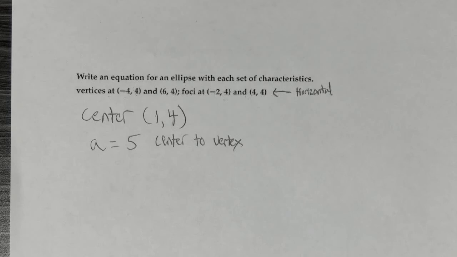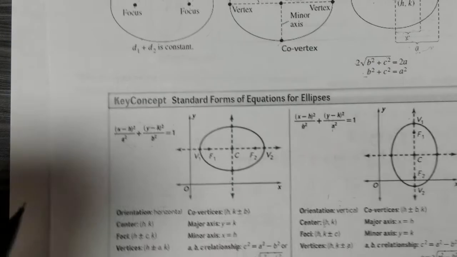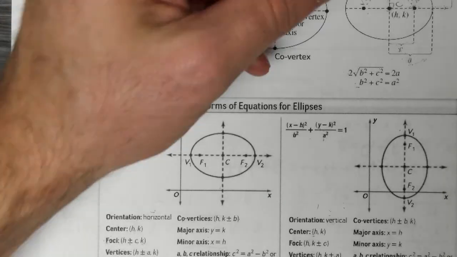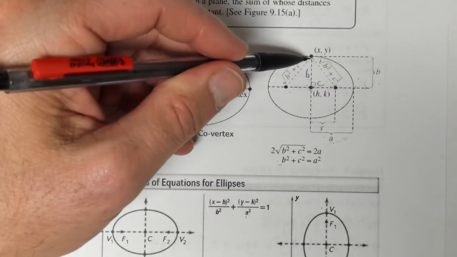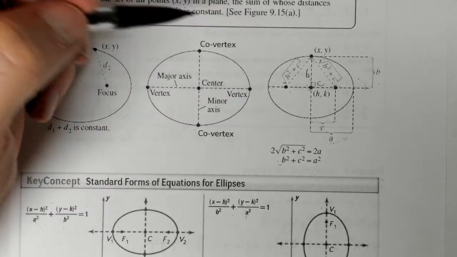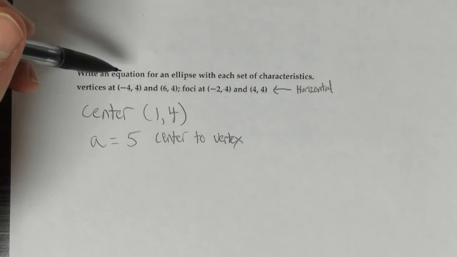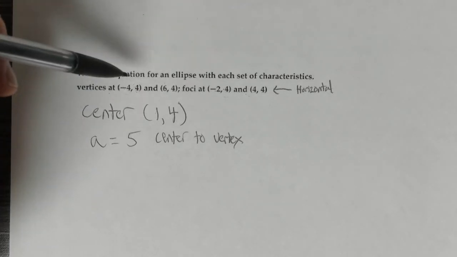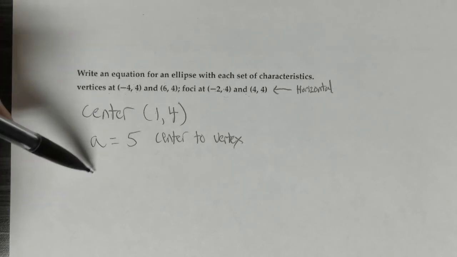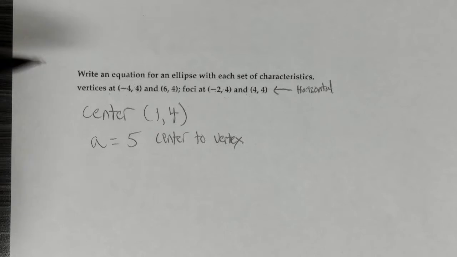Okay, now we also need B in order to write out our equation. The length of B is going to be from the center to a co-vertex, right? However, we don't have any of the co-vertices listed. We can either go through a lot of work to figure out what it is, or the alternate method is we can just get C and then use the equation to solve for B. That would probably be a little bit shorter.